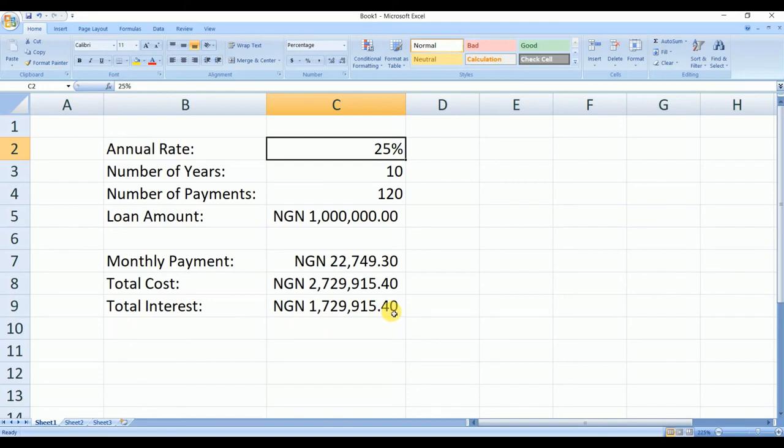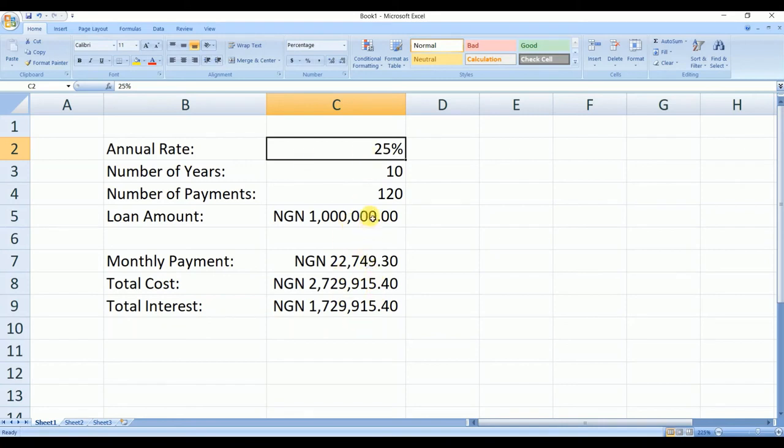That's quite a lot. So will you want to risk paying this much for a loan that you collect, or will you rather want to save up your money to do whatever you want to do? This is the essence of this training, and this is why we're exposing you to this, so you can use this to really know what to do.